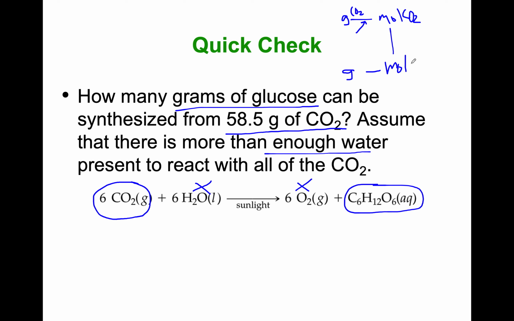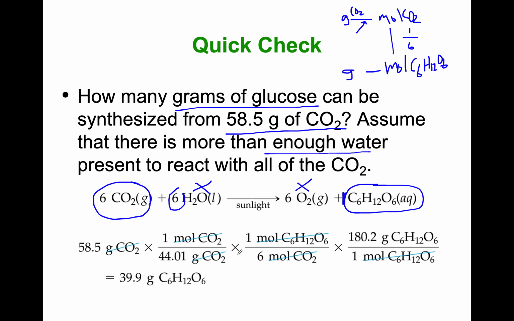And then if we're going moles of CO2 to moles of glucose, we have to think about the mole ratio. That's 1 here and 6 here. So that's going to be this 1 to 6 mole ratio.